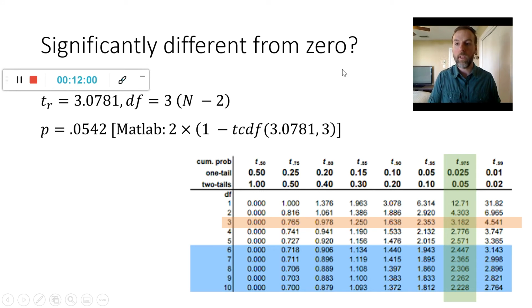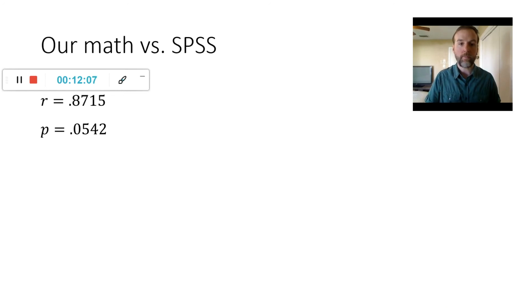Okay, so our math should be identical to what SPSS does for us. So let's compare our results to SPSS. Remember, when we did this by hand, the correlation coefficient we found when we standardized the covariance was 0.8715, and our p-value, thanks to some help from MATLAB, was 0.0542.